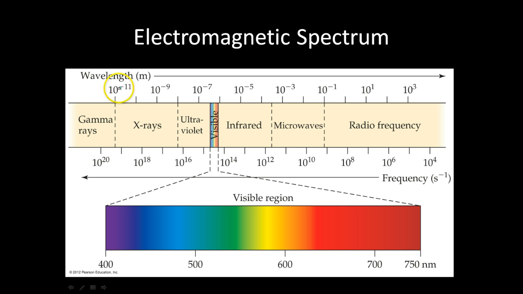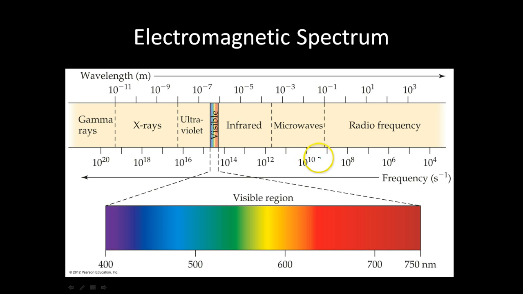As we move across toward longer wavelengths, we are going closer to radio frequencies. The shortest wavelength light is gamma rays. The highest frequency light is gamma rays, and the lowest frequency light is radio waves.